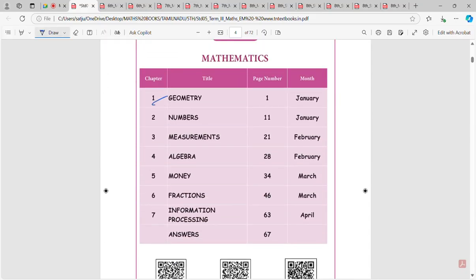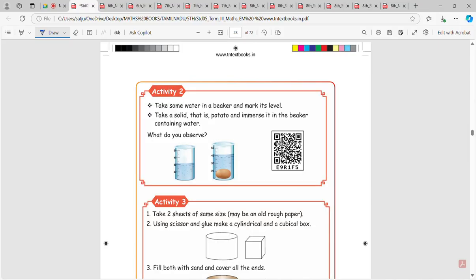When you are getting this kind of same content, go through the measurements alone and take the conversion part. So in the upcoming classes they are giving you how to find out the liter to the milliliter, etc. So this is only you need to go through here in this book, nothing else required here. So let me check this one, 28 page number.